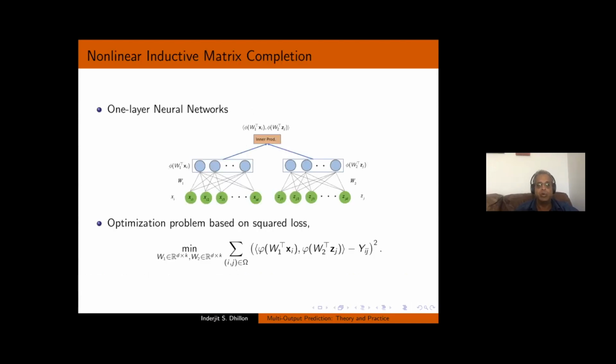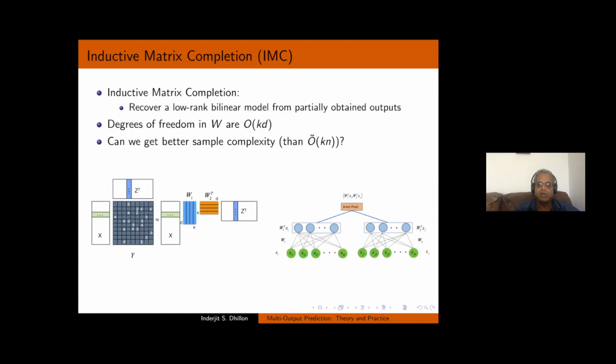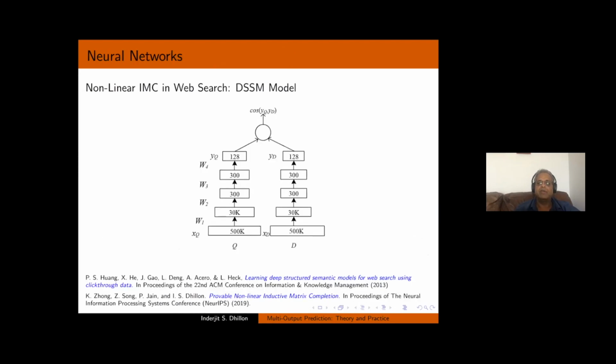So what we did last year in NeurIPS was analyze a much simpler variant of this problem that just has one hidden layer. If I again make a parallel with this picture over here, there was no nonlinearity. Now, of course, over here, there are nonlinearities at each intermediate step.